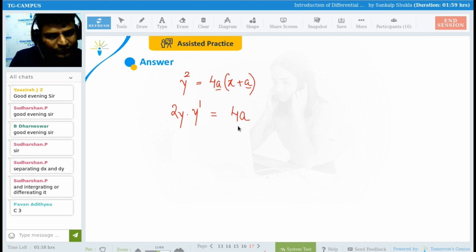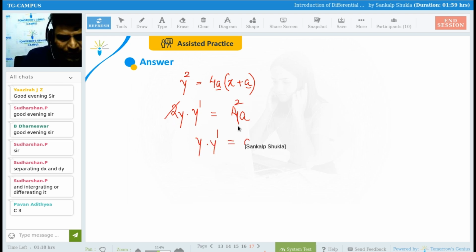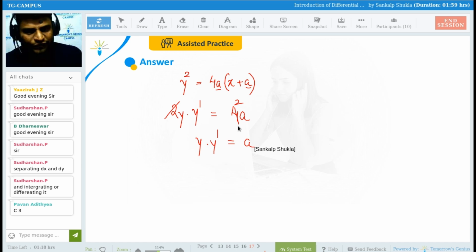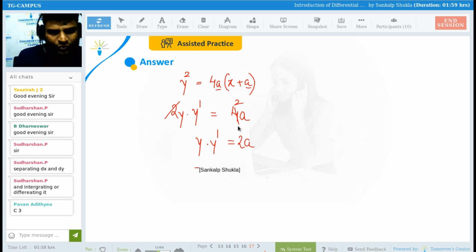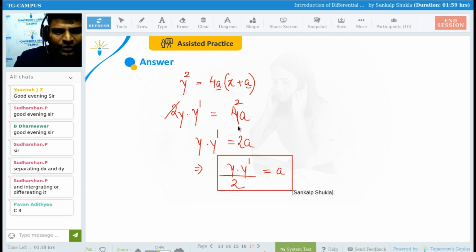So the value of y into y dash is 2a, sorry. So the value of a will be y into y dash by 2. This will be the value of a. Rule 1 is cleared.